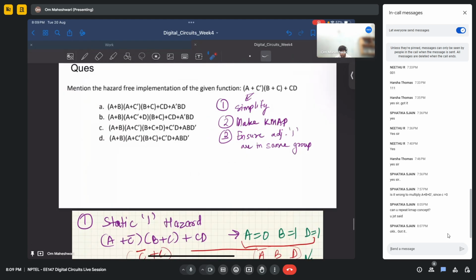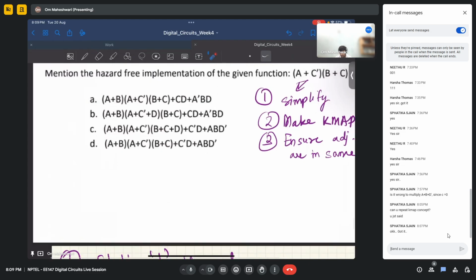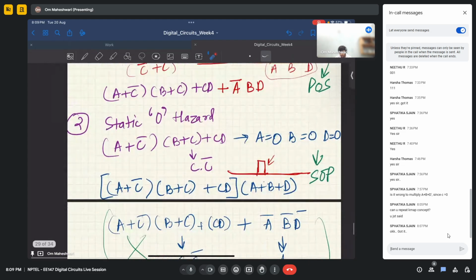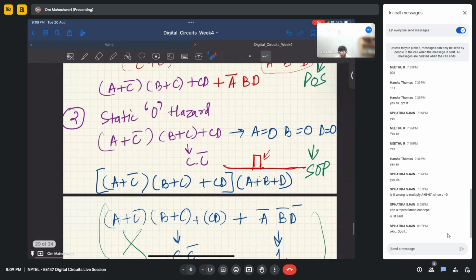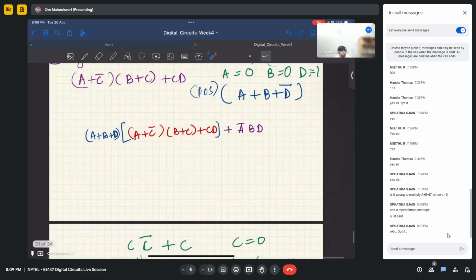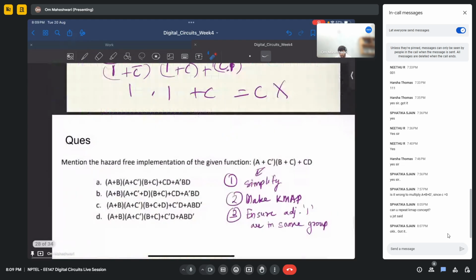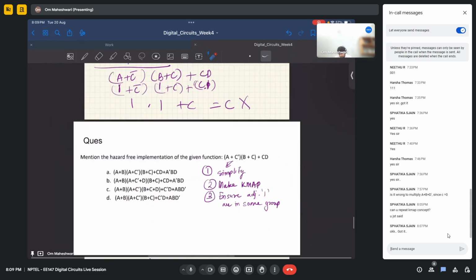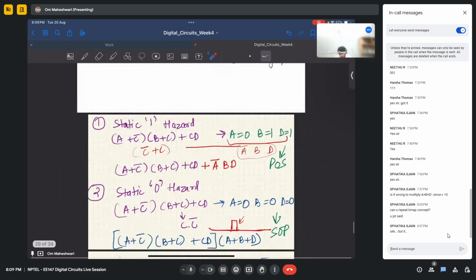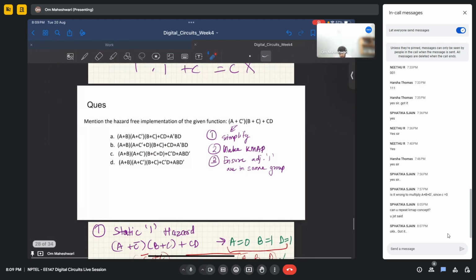But okay, so if we see the options, what we have done is multiplied ABD, added A bar BD. So A bar BD is multiplied. What is the A plus C bar? Right.